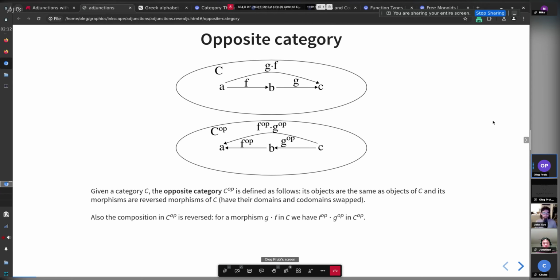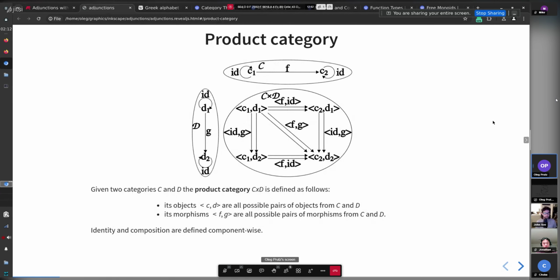So another important special case is the product category. So if you have two categories, they have objects and morphisms, right?